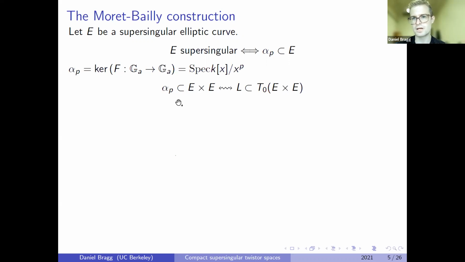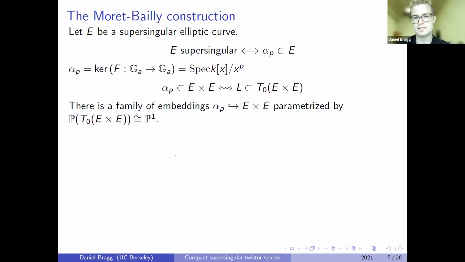If you're given a copy of alpha P sitting inside of E cross E, then as a closed subscheme and a closed subgroup, alpha P has a 1-dimensional tangent space. So you get a tangent vector in the tangent space of E cross E at the origin. And actually this is a bijective correspondence.